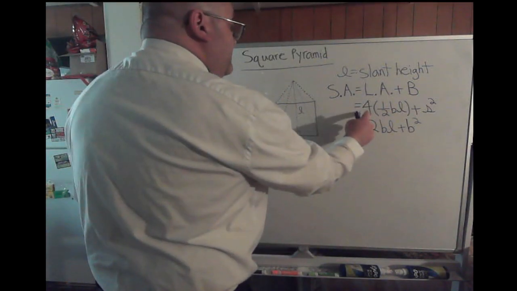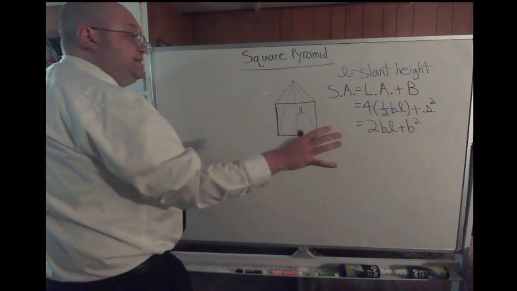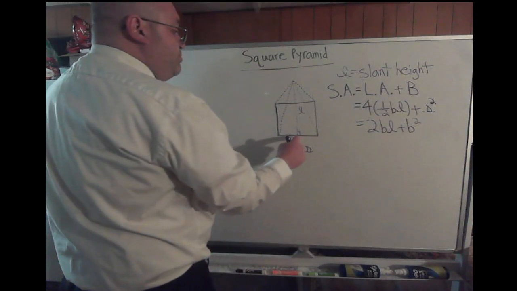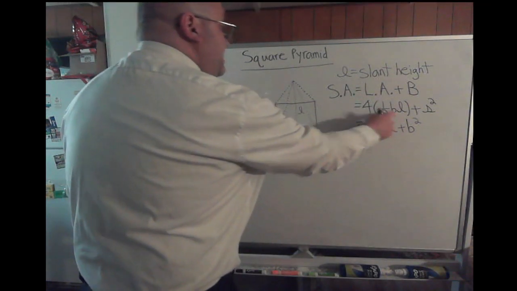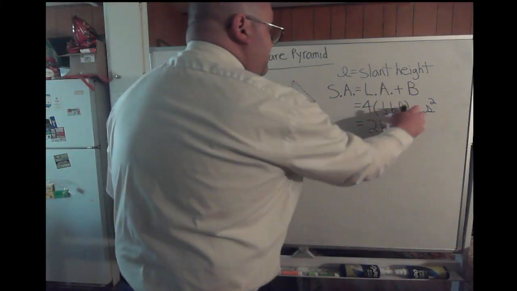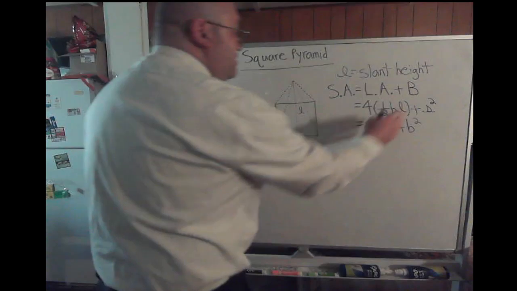So in this case, we take 4, which is the number of faces, times the area of one of these triangles, which would be half the length of the base times the slant height. That's your lateral area. Then plus you take the area of the base, which is a side of the square squared.